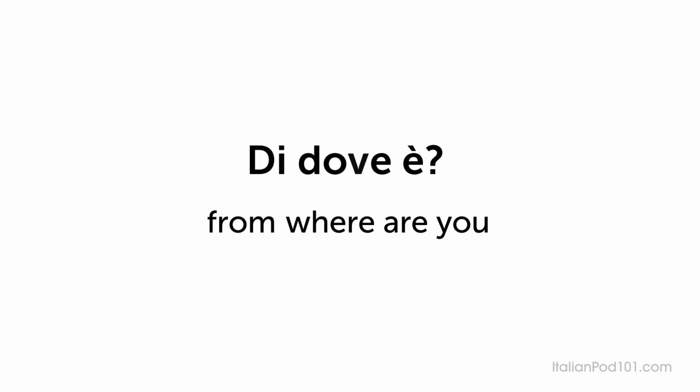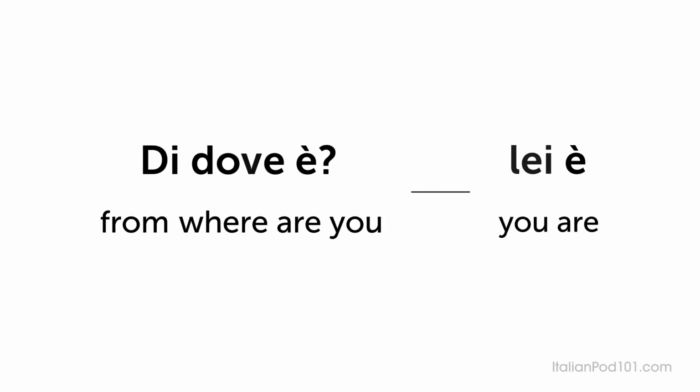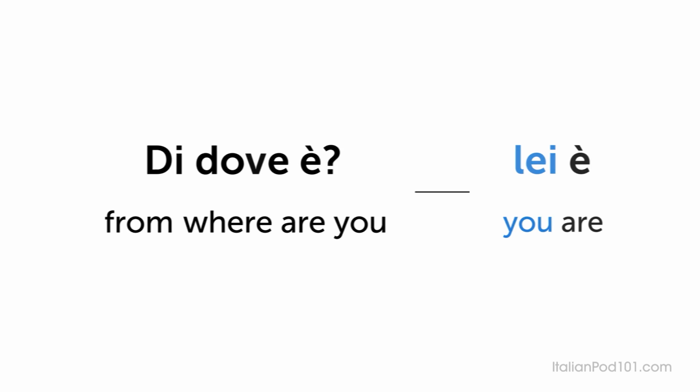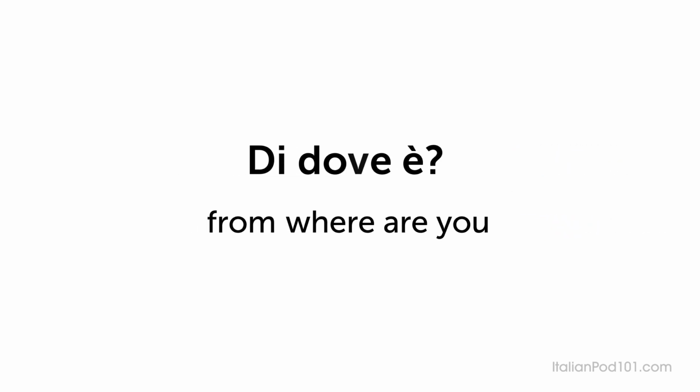Next is È, you are when using formal Italian. Note, È is a shortened form of Lei è, you are. In Italian, Lei, you, when using formal Italian, can be omitted when it is understood from context.